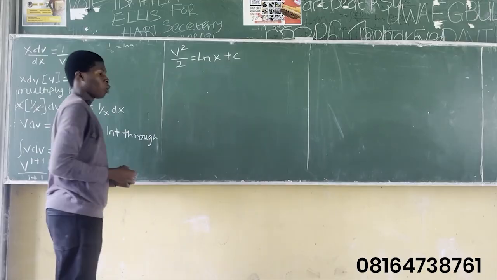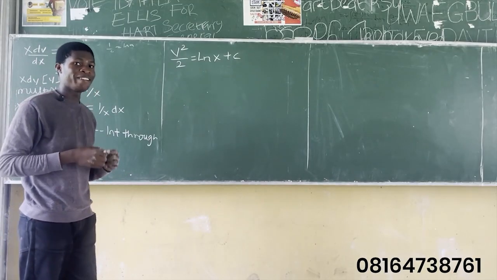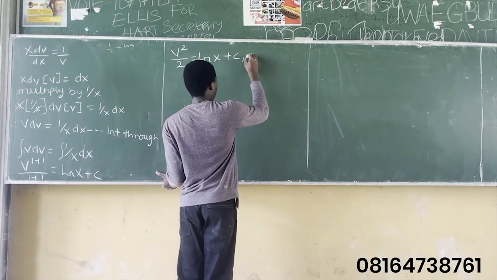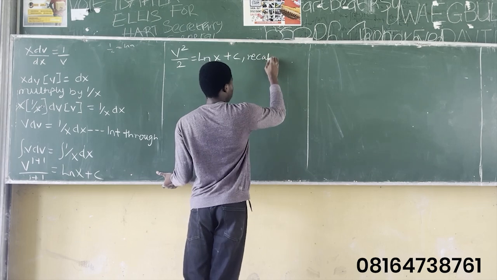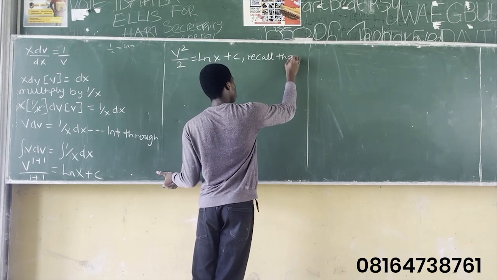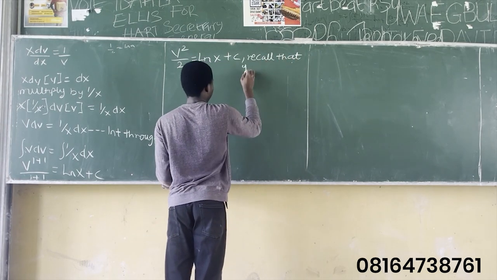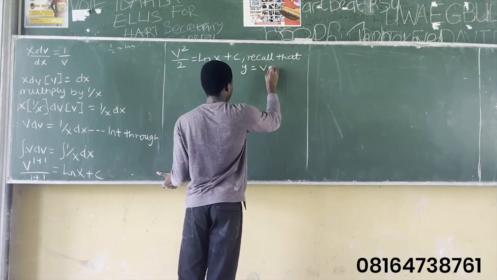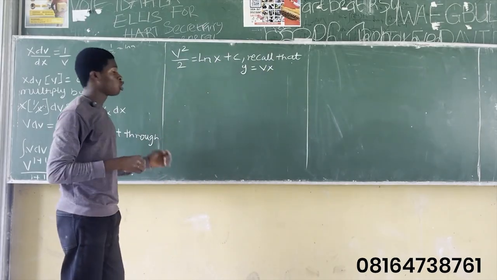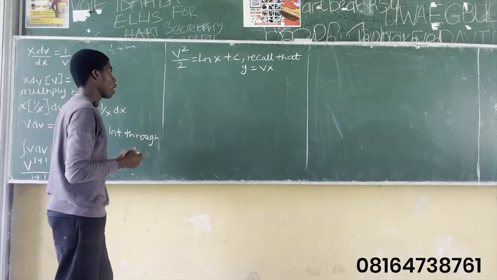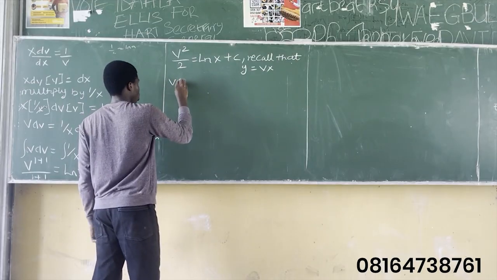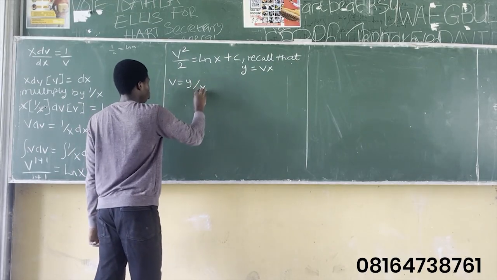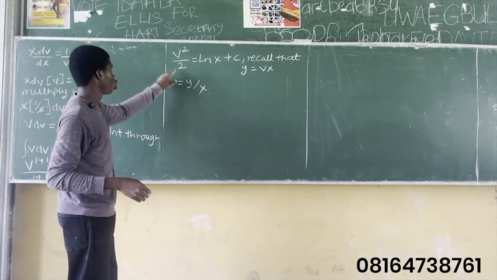Now let's recall that y was initially vx. So v is going to be equal to y over x. Now we are going to be substituting it back into this equation.